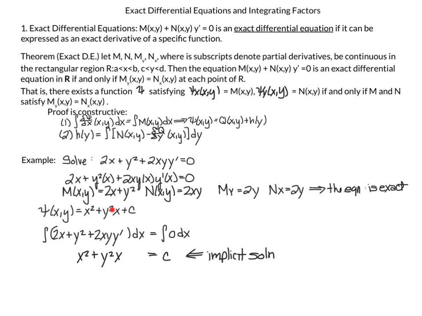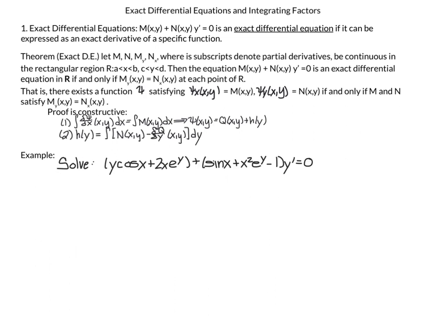And what we found here, this psi, was the antiderivative of this. So the antiderivative would be x squared plus y squared x. And in this case, I'm not going to put the c because I'll just use the c over here, which is equal to, and 0 dx is equal to c. So this is our implicit solution, which you can see we had already gotten as psi. But again, the whole idea of psi is that when we took the integral of both sides of the equation, we would end up with psi as our solution.